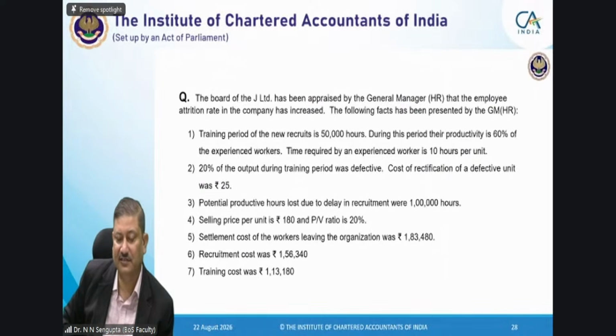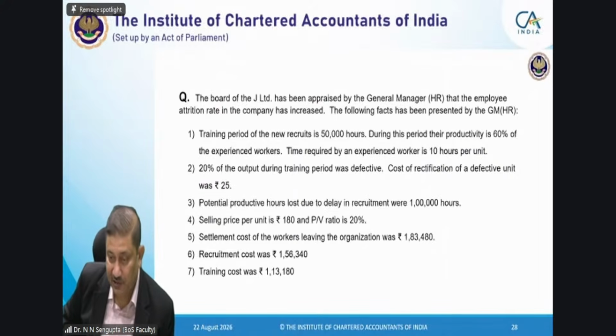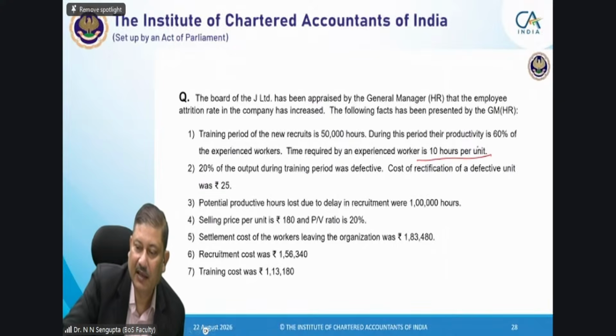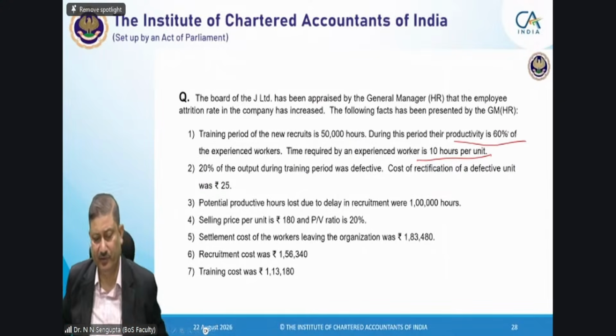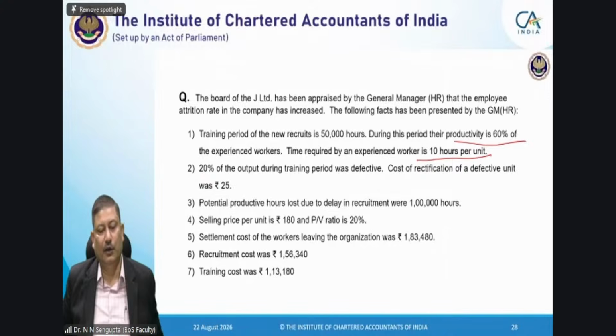Definite chances. Time required by an experienced worker is 10 hours per unit, and it is 60% of the experienced worker. 20% of the output during the training period was defective.